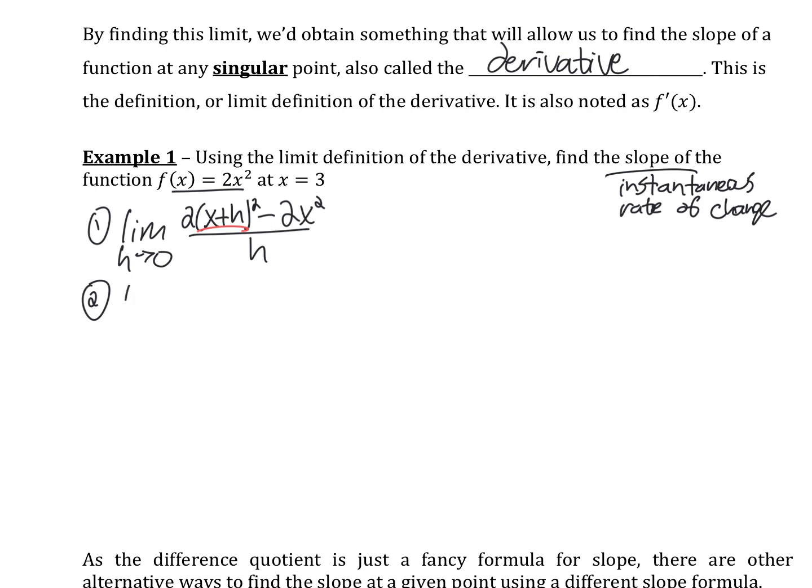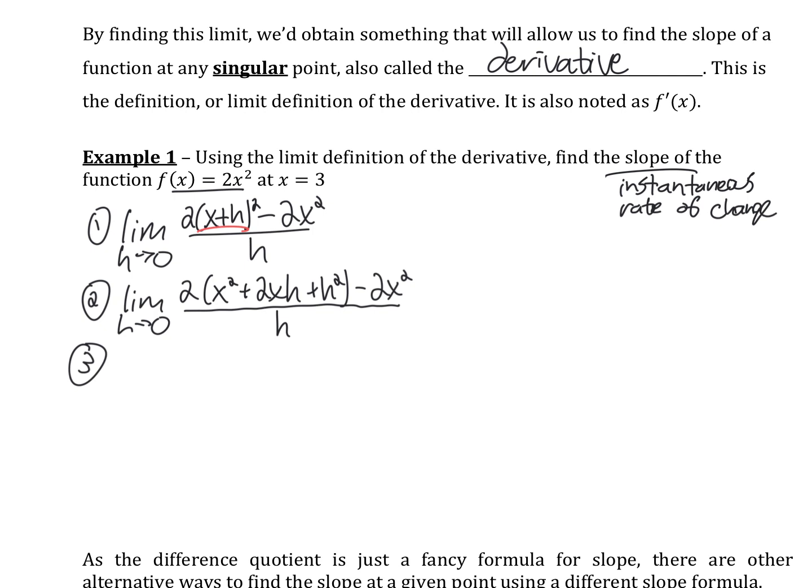So let's rewrite it as the limit as h approaches 0 of 2 times, and we're going to FOIL this out, x squared, that's the first terms, plus 2xh, that's the two middle terms, plus h squared, minus 2x squared, all over h. Again, the only way I'm going to be able to solve this limit is to eliminate that h. So I'm hoping maybe I'll be able to factor out an h in the numerator and cancel out the h in the denominator.